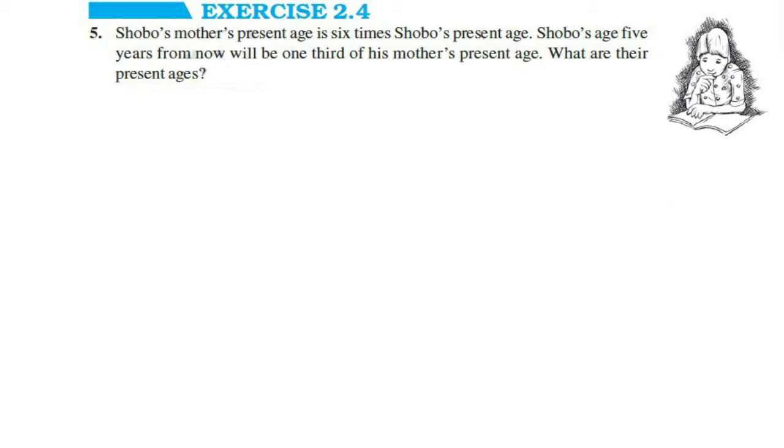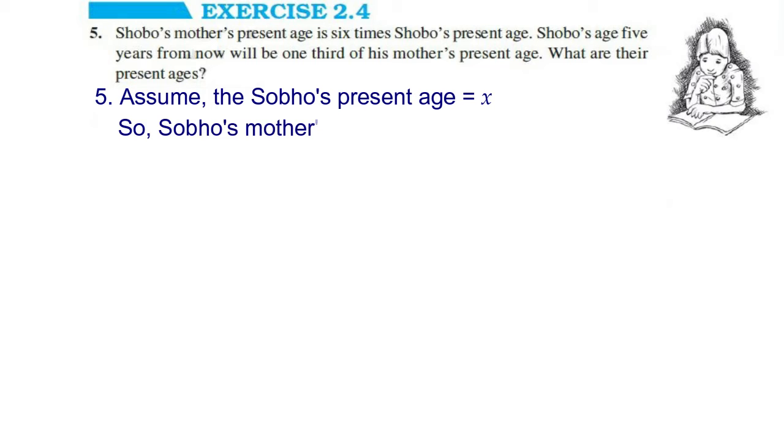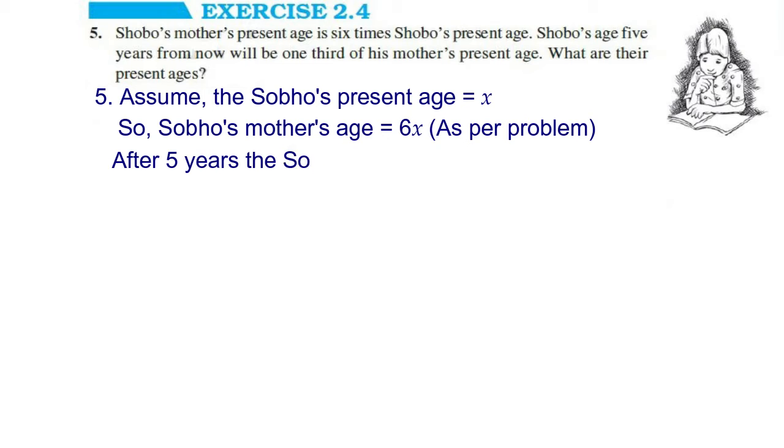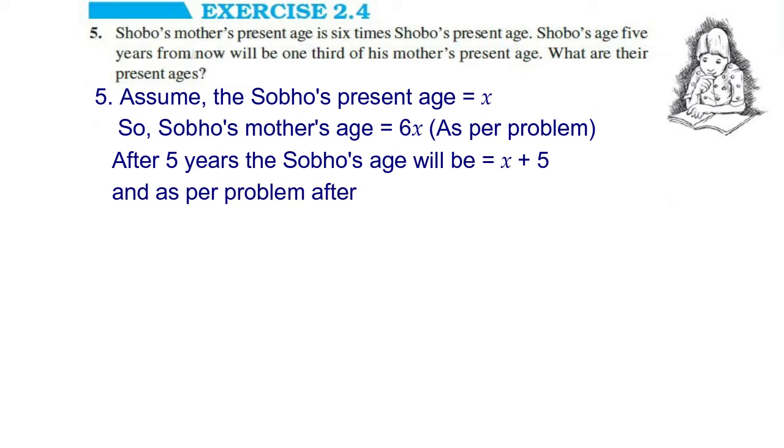Okay, first we assume Shubho's present age is equal to x. So as per the problem, we can write the mother's age is equal to 6x. And after 5 years, Shubho's age will be x plus 5. And according to the problem, his age after 5 years will be 1/3 of his mother's present age.